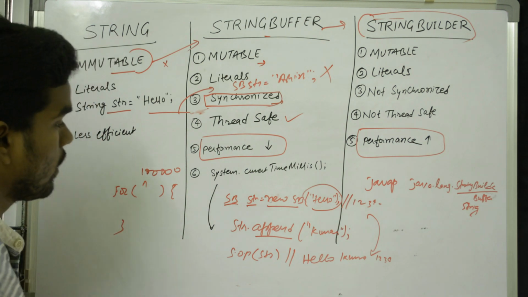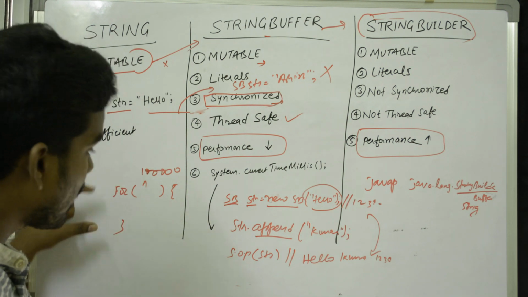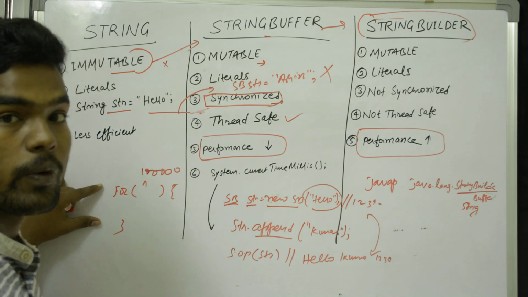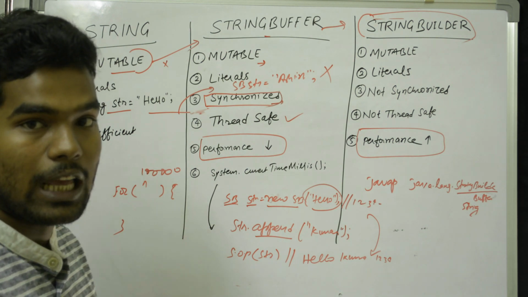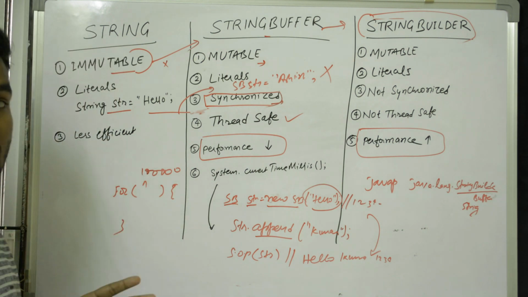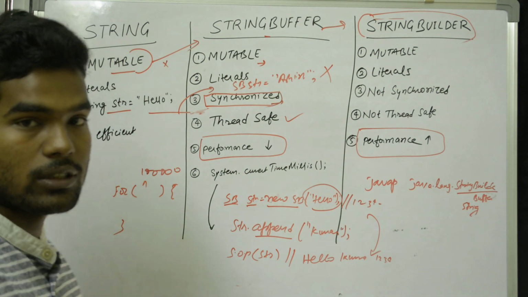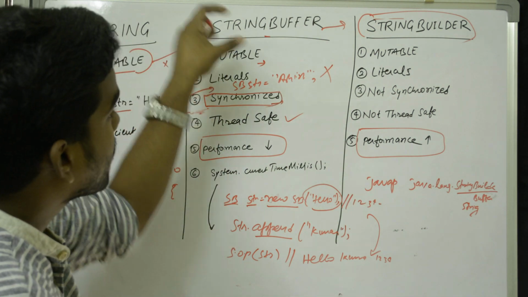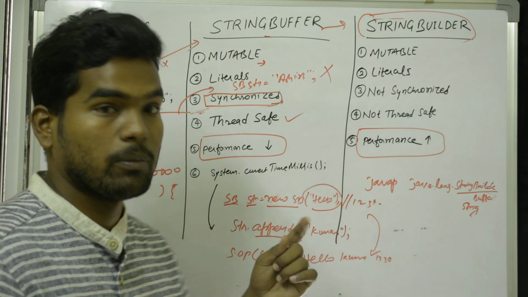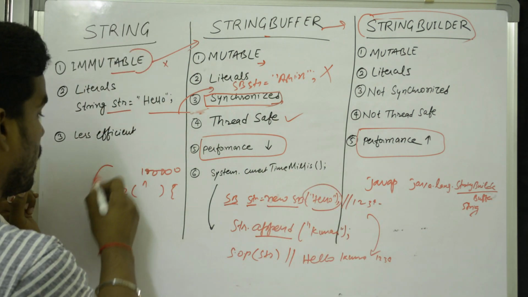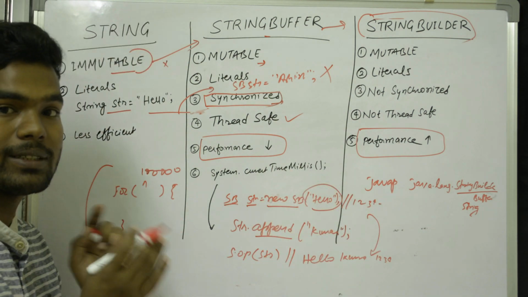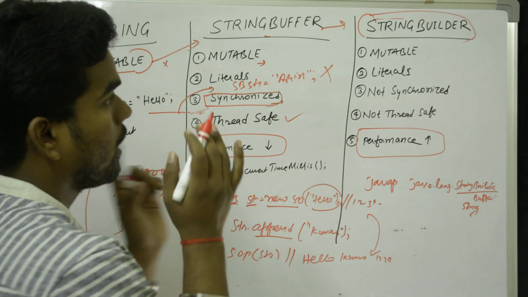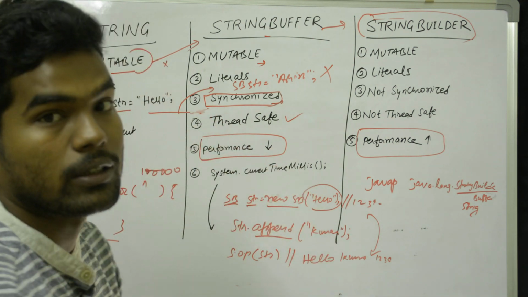Before executing and after executing this for loop, we record the current time, and the difference between these two times will give the total execution time taken by string buffer and string builder. We will perform this in the same for loop for the string buffer and string builder.